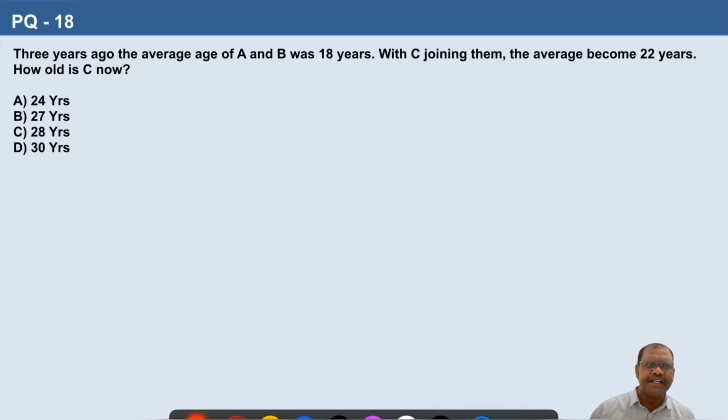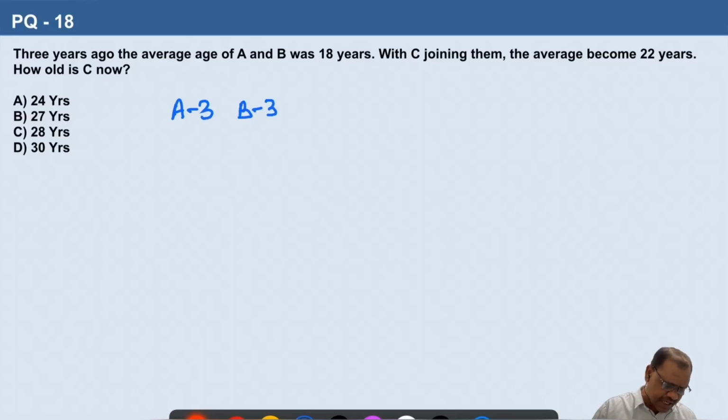Question number 18. 3 years ago, the average age of A and B was 18 years. With C joining them, the average becomes 22 years. How old is C now? 3 years ago. So current ages let us assume as A and B. 3 years ago we should subtract 3 from both.